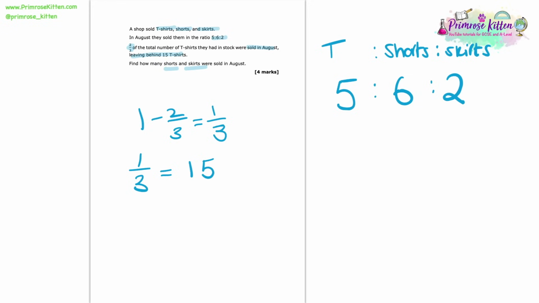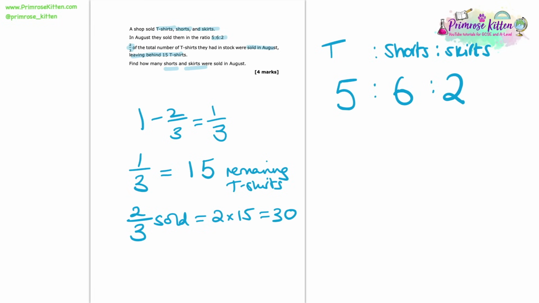So here we're being asked about things sold. So if we have 1/3 remaining of the t-shirts, then that means we must have sold 2/3 of our stock. And if 1/3 equals 15, then 2/3 equals double 15. So if we do 2 times 15, we'll work out what those 2/3 corresponds to, and we get 30 here.